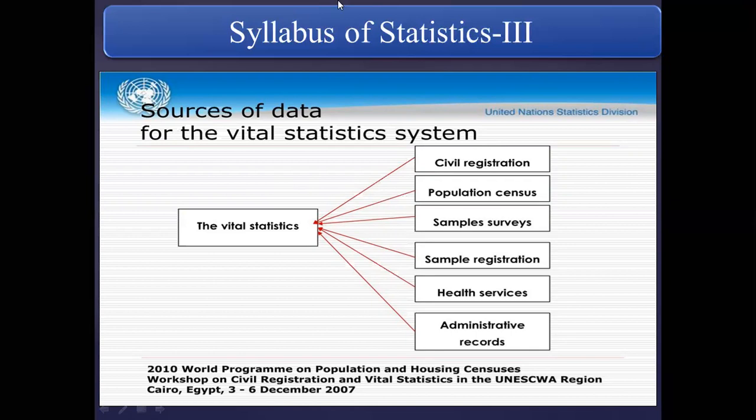When you talk about demographic methods, we include civil registration, population census, sample surveys, sample registration, health services, administrative records, etc. This diagram is not made by me, but it is made by the World Program on Population and Housing Census, that is UNESCO. So we'll see this part also in this chapter.